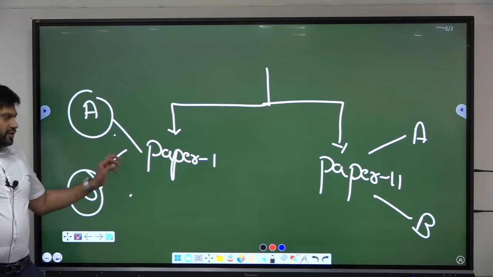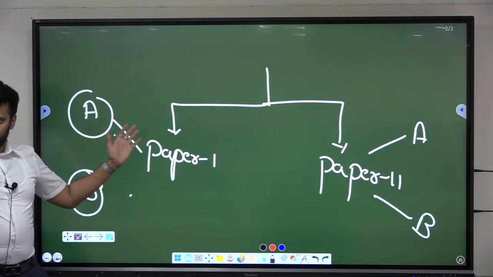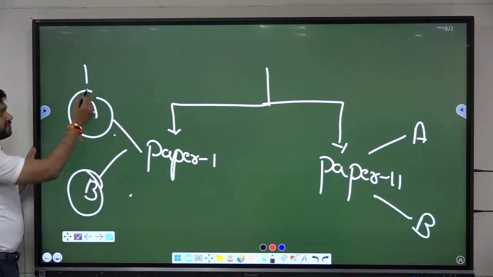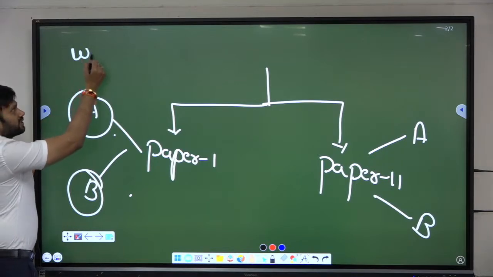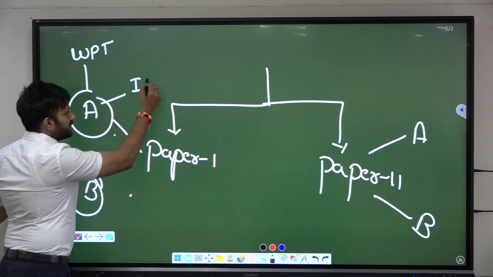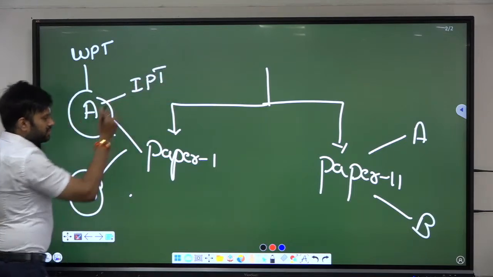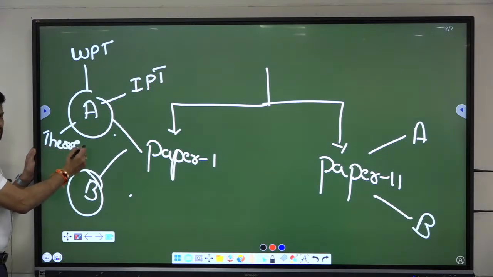Okay. So if you look at both papers in political science, in paper 1, if you take part A, you mainly have broadly, then I will go into detail, the Western political thought, then you have the Indian political thought, then you have political theories.